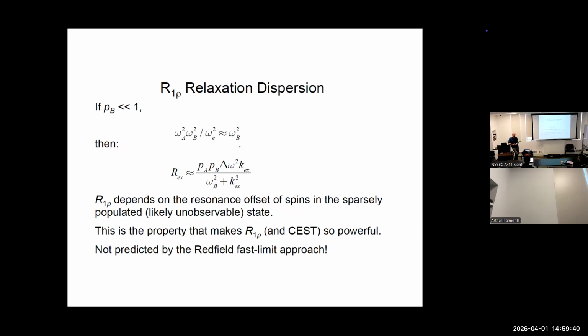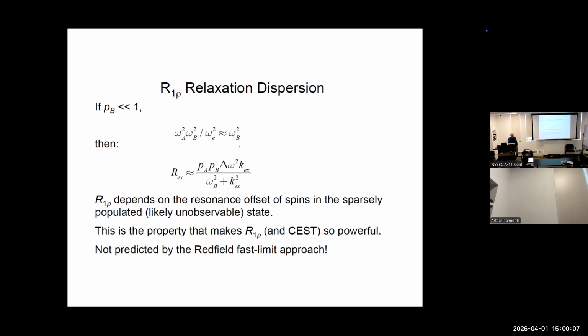And in solution NMR, the Forsén and Hoffman paper was in history, and CES kind of got reintroduced from MRI, where saturation of the water could be transferred to other spins through this mechanism.